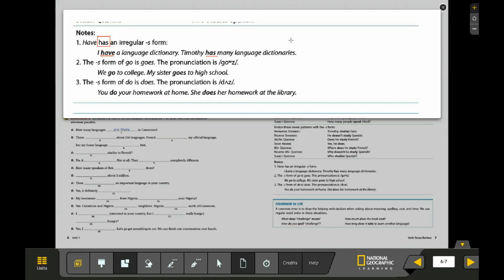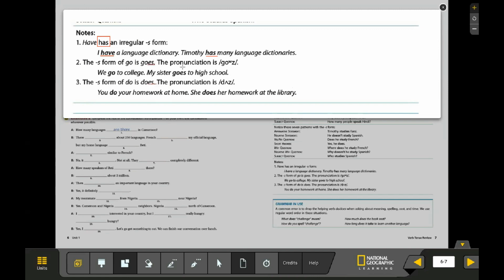The pronunciation is does. You do your homework at home. She does her homework at the library. Okay, very good. So do and go, they have a similar S form. We add ES, okay?